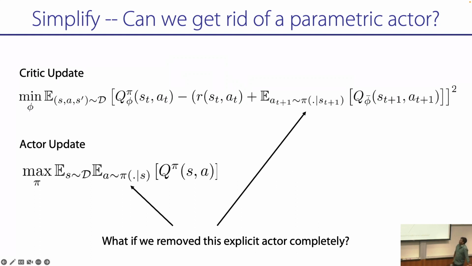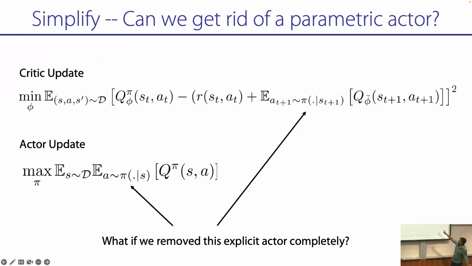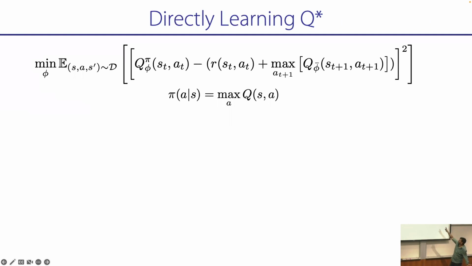What if instead of having an explicit actor, we just said that the actor is the max of the Q function with respect to A, right? And then directly in the Bellman update, rather than having an expectation according to your policy, you just do a max on the second step.